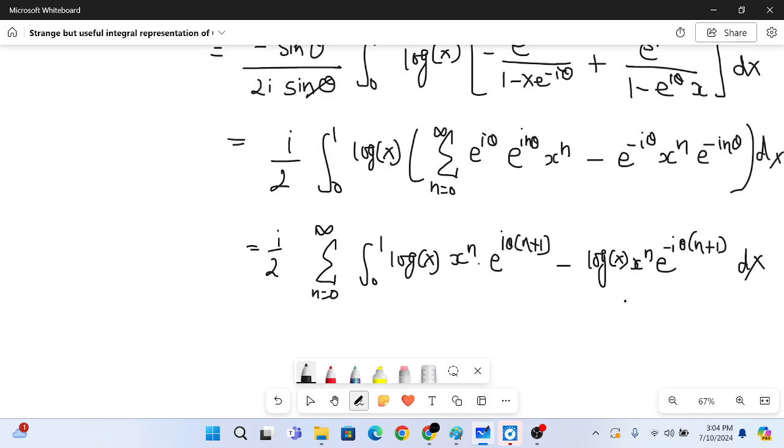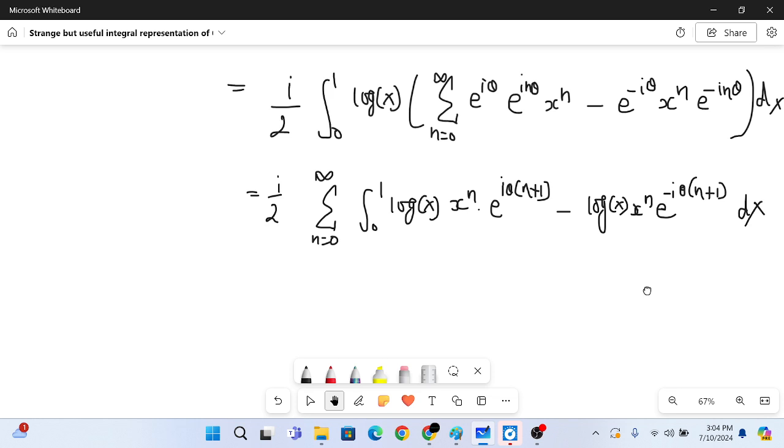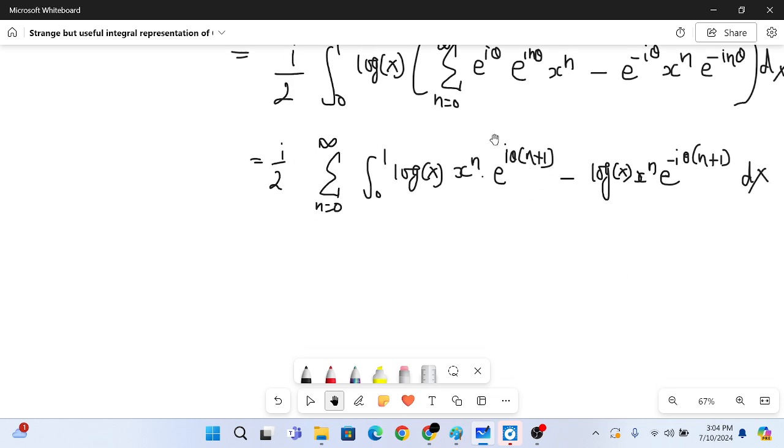Now please note that I can actually take log x times x to the power n common, and we will have e to the power iθ(n plus 1) minus e to the power minus iθ(n plus 1). We know that this minus this will just be again 2i sine of (n plus 1)θ.